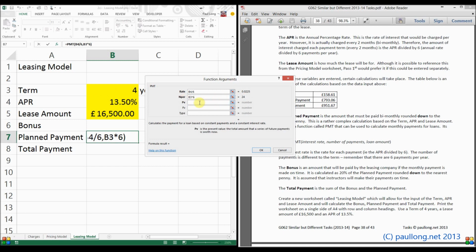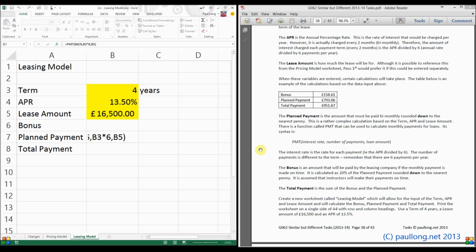PV, that's the present value, or what really we want to know as the lease amount, what we start with and how much has got to be paid off. If we click on OK now, this is going to tell us that we'll be making payments that are £897.27 every 2 months.